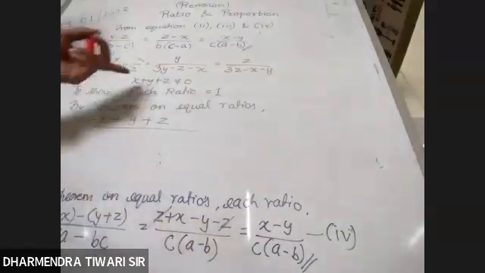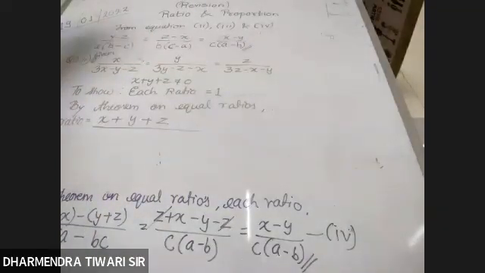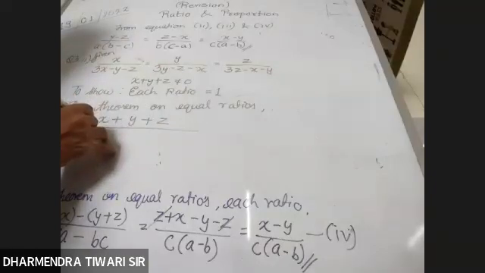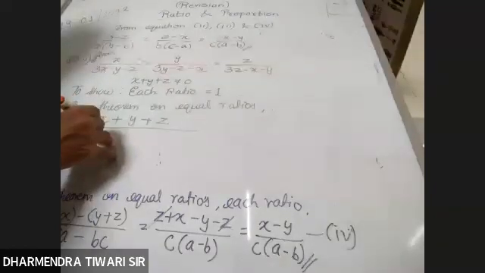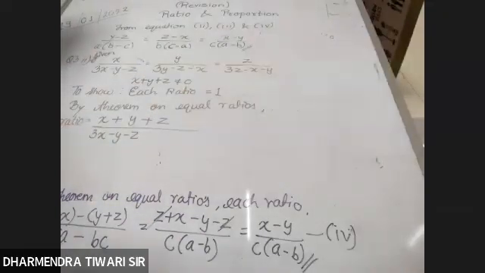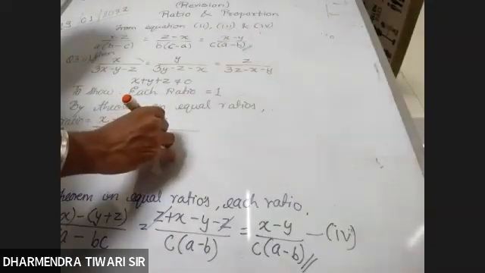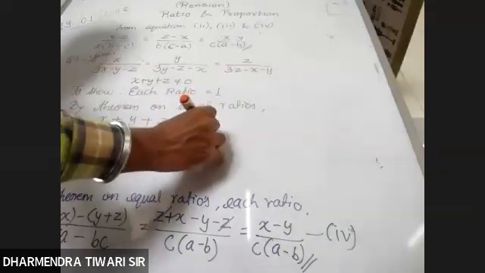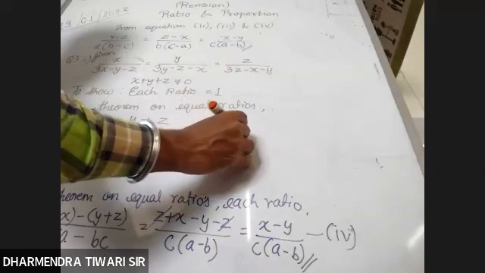Why we are doing this? Because they have given us directly that x plus y plus z is not equal to 0. So what we will do, we will add all the denominators and numerators. We will apply directly 3x minus y minus z plus 3y minus z minus x plus 3z minus x minus y.